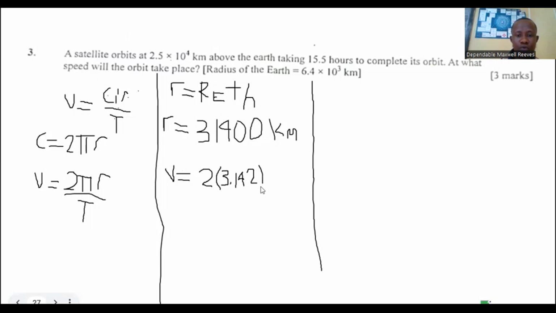So 2 times 3.142 times our R now is 31,400. So then we place our value for R to be 31,400.